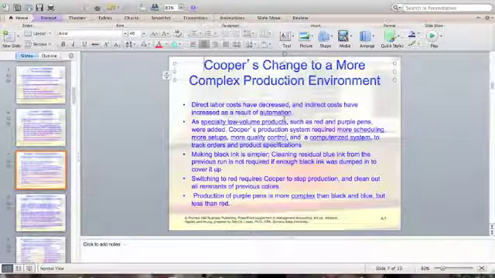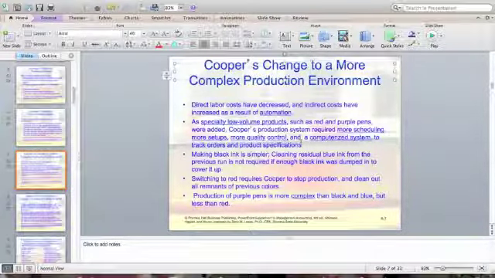As a specialty low volume product, red and purple pens were added, and now we're requiring more scheduling, more setups, more quality control, and a computerized system to track orders.